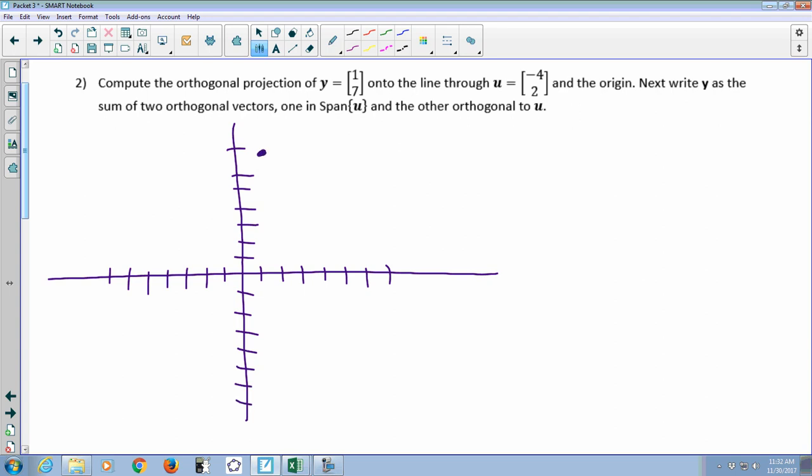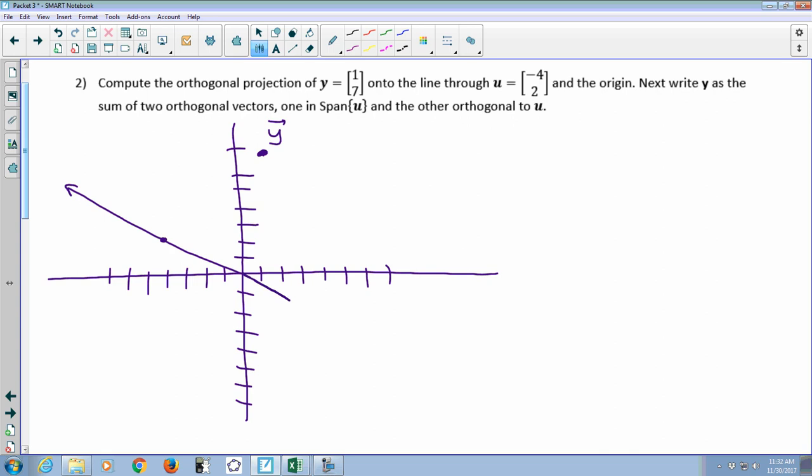One, 7. So that's y. I'm just going to draw it as a point and not a vector for the moment. And then the line through -4, 2 and the origin. Here's my line.